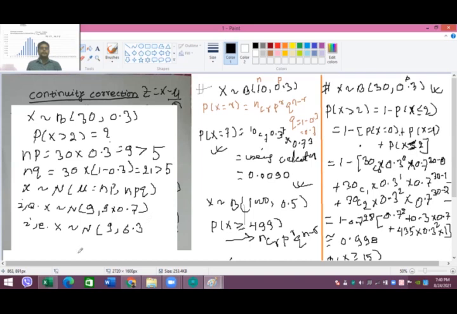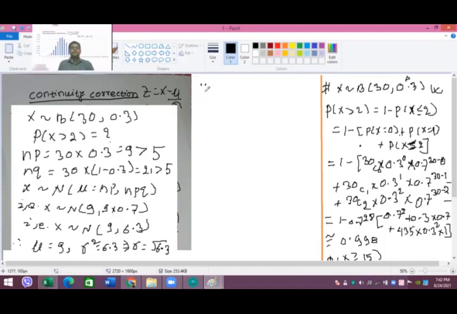So mu is 9 and sigma squared is 6.3, which means the standard deviation is the square root of 6.3.